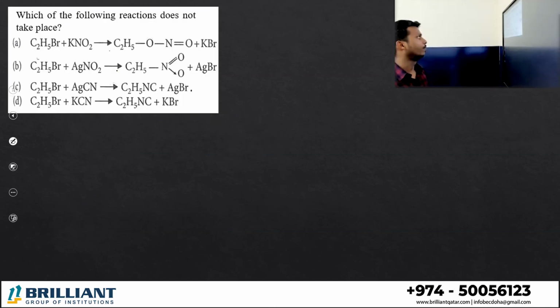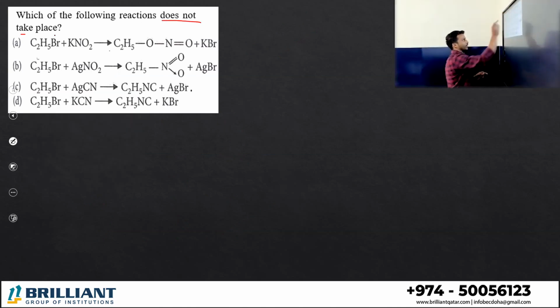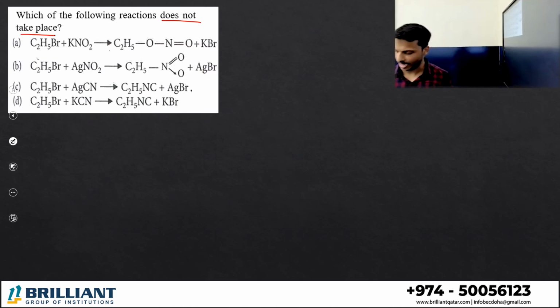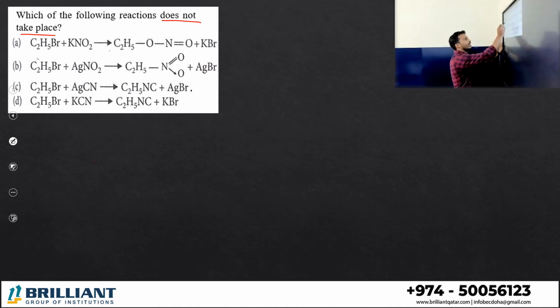Okay. Now, which of the following reactions does not take place? Let's see. First, ethyl bromide treated with KNO2. When a haloalkane is treated with potassium nitrite, we get the ONO product, nitrite. Correct.